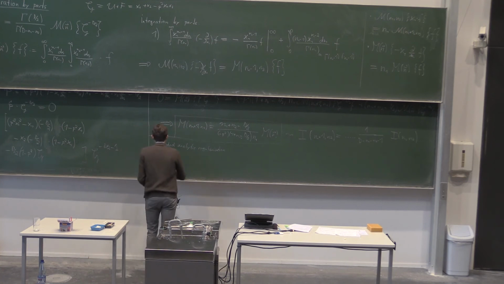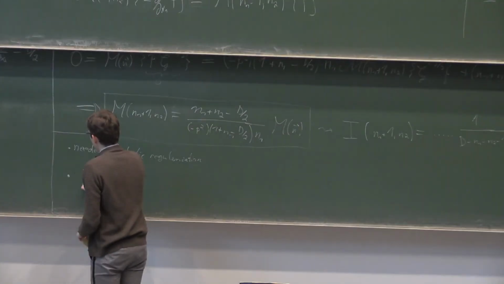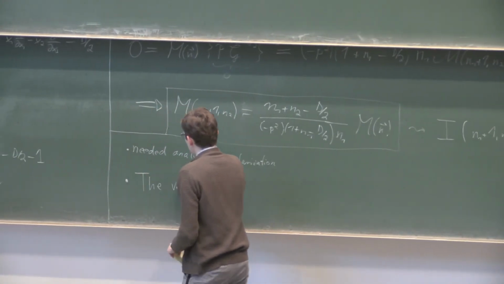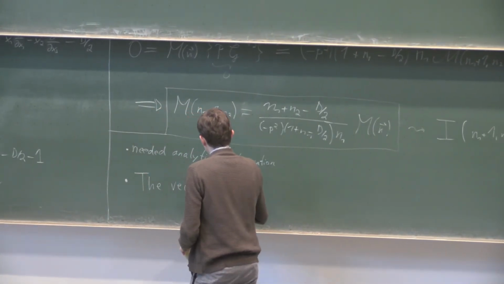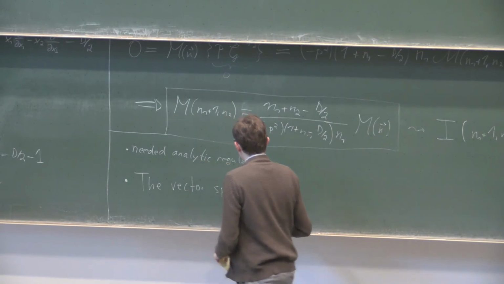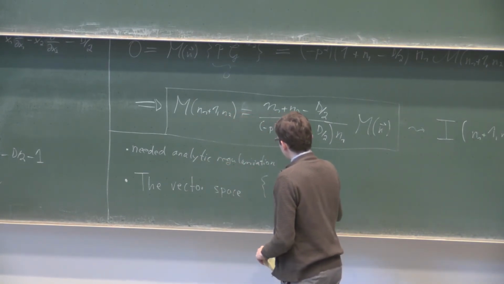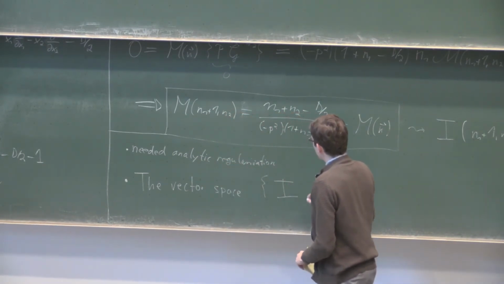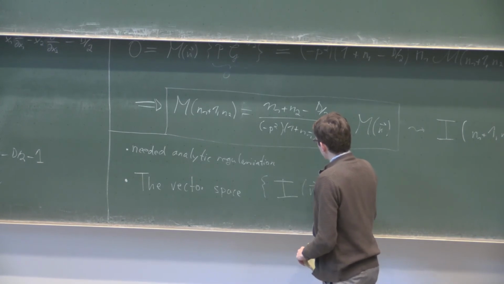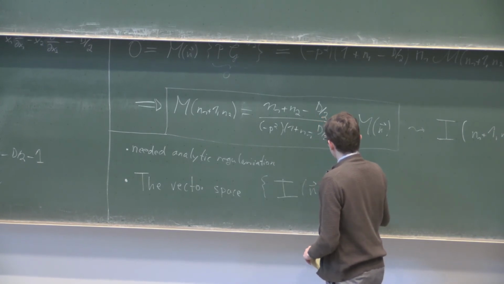And once we do this, we can think of a vector space which we get from the Feynman integral where we shift the arguments.